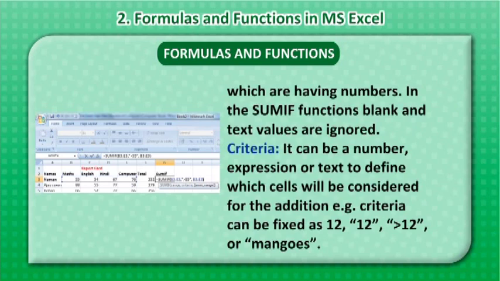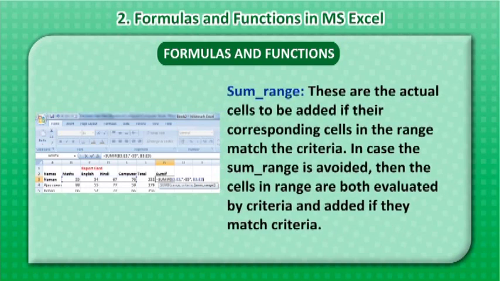Criteria: it can be a number, expression or text to define which cells will be considered for the addition. For example, criteria can be fixed as 12, or under inverted quotes "12", or "<12", or "mangoes".